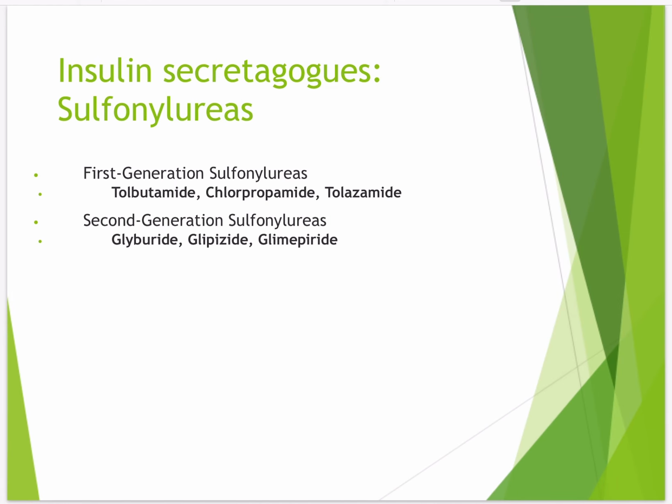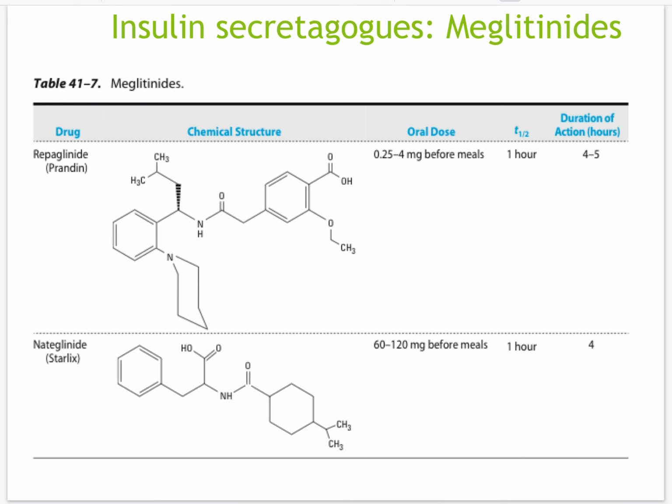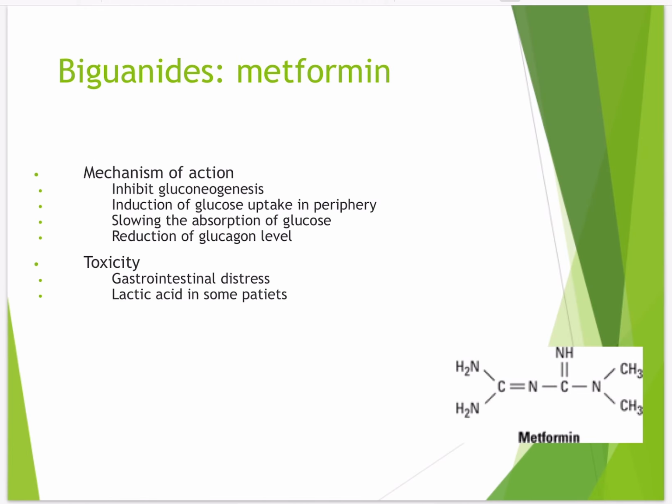As I mentioned, I spoke about the first generation and second generation, and also as you see here, the structure of the meglitinides is very important, and we can see repaglinide and nateglinide are two drugs which have a short acting effect, and we go to the next group, the biguanides.